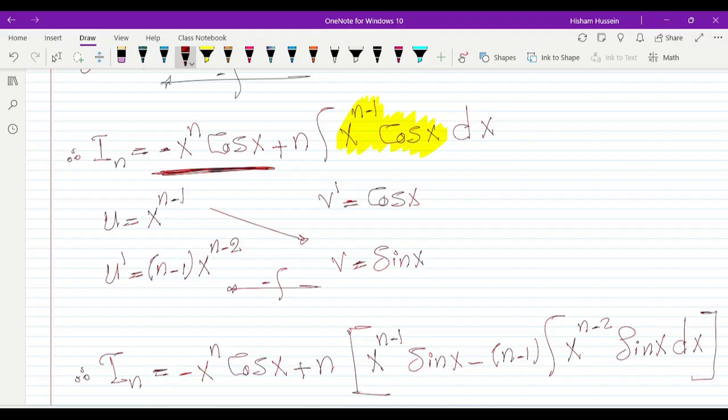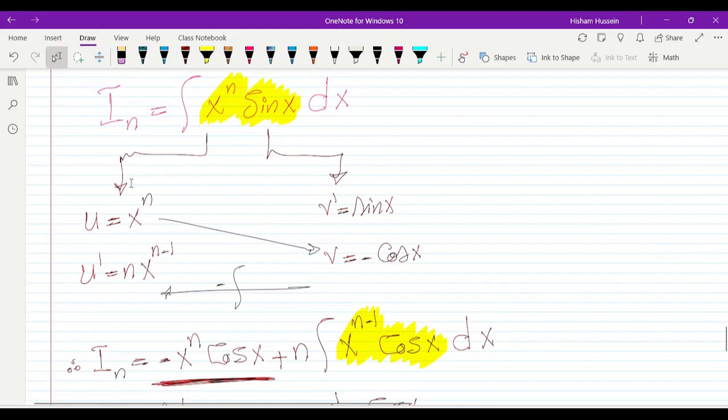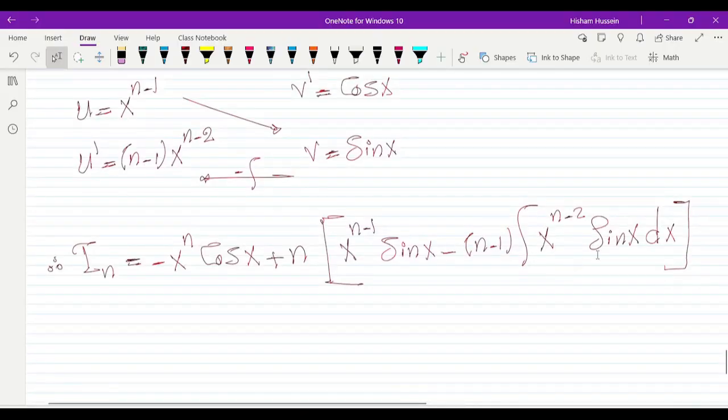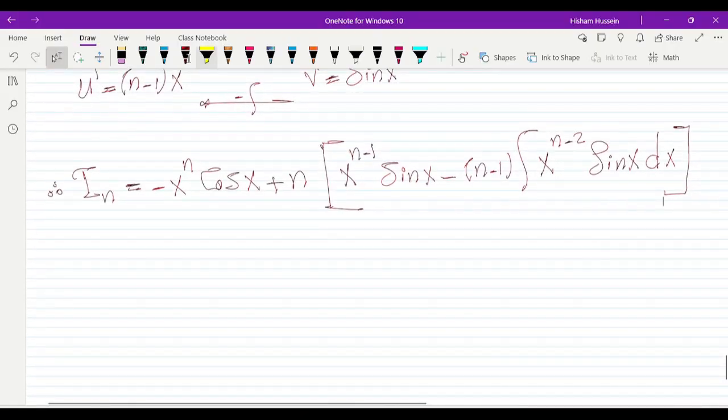This integral is similar to the original one. Here it is x to the power n, so it's called I_n. But here it is x to the power n minus 2, so it's I_{n-2}.